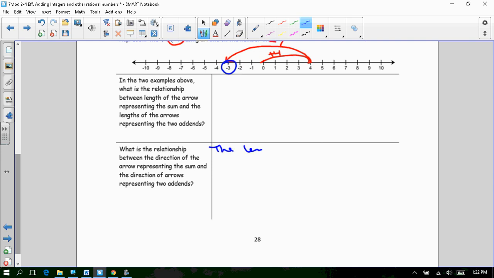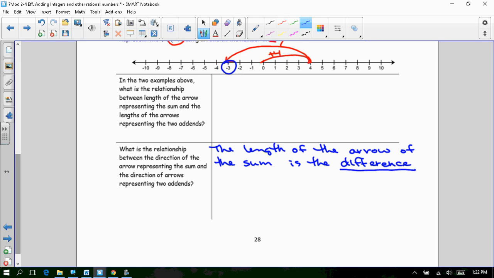The length of the arrow of the sum, aka the answer, right? The length of the arrow of the sum is the difference. Underline that word.